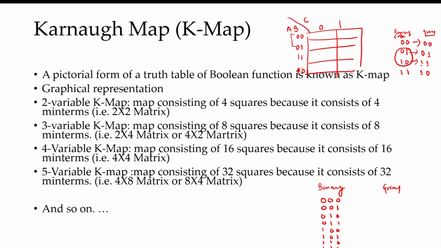Suppose 3 variables are used to represent either rows or columns, then how do we write their gray sequence? Here this is 0 0 0, the most significant bit is 0, 0 XOR 0 is 0, 0 XOR 1 is 1, then 0 0 1 gives 0 1 1, 1 XOR 0 is also 1, then 0 1 1 0 1 0, similarly 1 XOR 1, then 0 XOR 0.